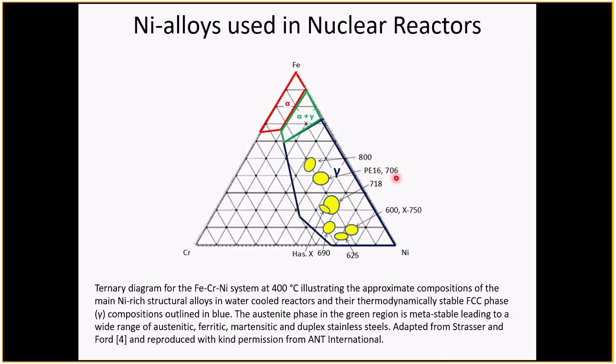PE16 and 706 are precipitation hardened or hardenable alloys which are used in fast reactors, in cladding and duct material. Now these alloys can be used in fast reactors because in fast reactors we don't have to be as concerned as we do in thermal reactors with the n-gamma production of nickel-59, which can have very serious consequences for high nickel alloys in thermal reactors, producing eventually a lot of helium.